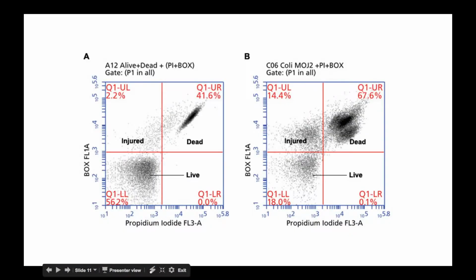And this one, on the other hand, is a more realistic looking example. In fact, you see that they have taken this slide and labeled their quadrants for the particular types of cells that they're looking for.